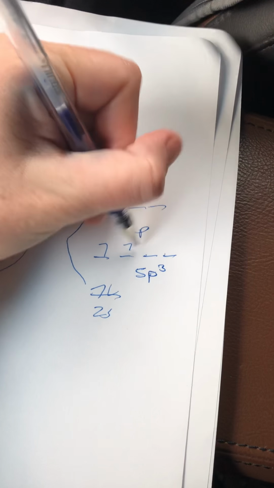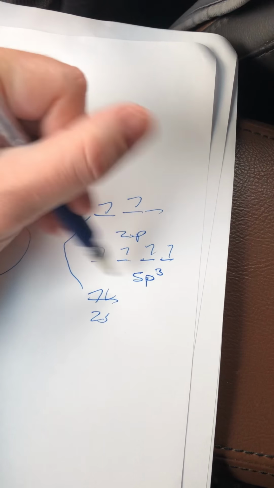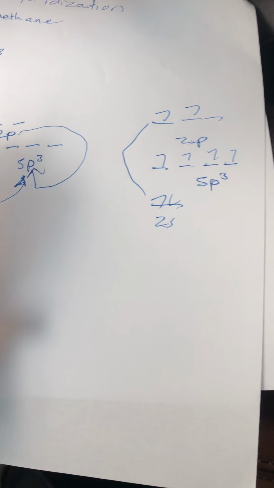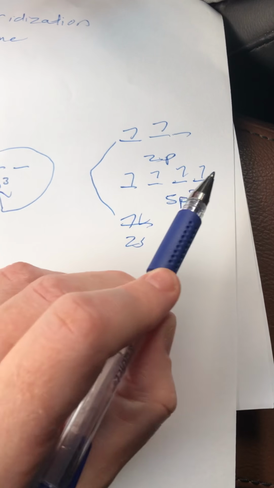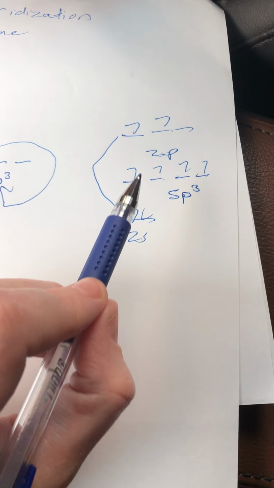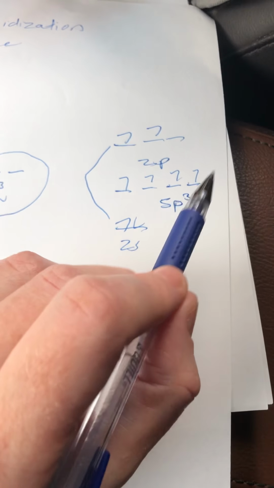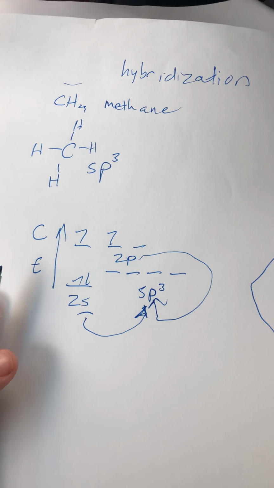So 1, 2, 3, 4 from the electrons 1, 2, 3, and 4. So we're going to place them in the sp3. So our sp3 orbitals, there are 4 of them, and each one is ready for bonding. And this is why carbon would take on 4 bonds with hydrogen. Hydrogen would come in and be like 1, 2, 3, 4, because hydrogen has 1 electron to offer, and there's 4 hydrogens in CH4.